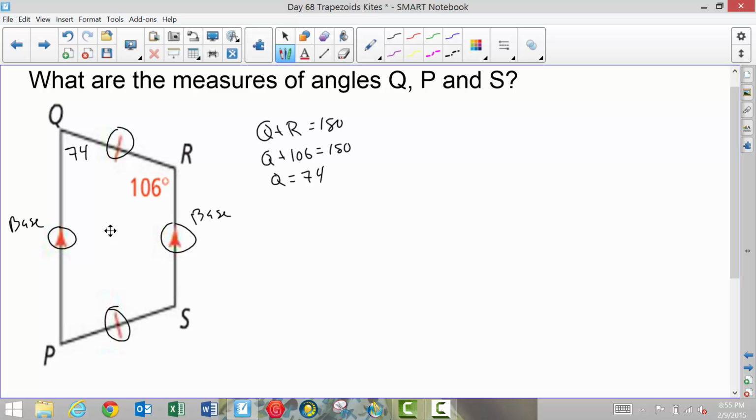The parallel sides are bases, and the congruent sides are legs, so there's a leg. Well, you should know that the isosceles trapezoid base angles, the top base angles and the bottom base angles are congruent. So S is 106 and this is 74 because R is equal to S, and I know that Q is equal to P only because it's isosceles trapezoid.